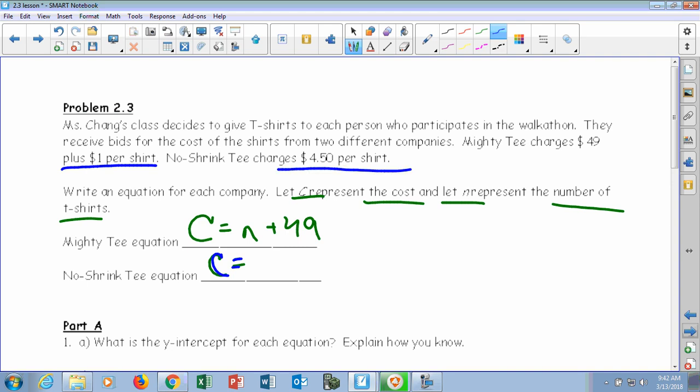So $4.50 per t-shirt. We can't exactly add it together. Lily, C plus what else? N. 4.50 N. Because if I say, Robert, this paper is $2, and I'm going to give you 2.